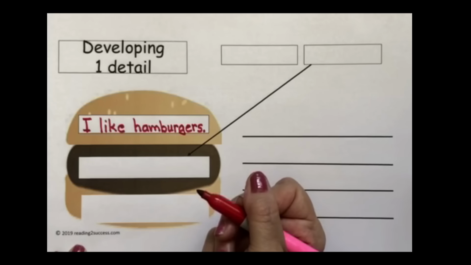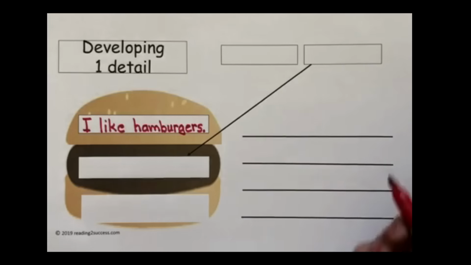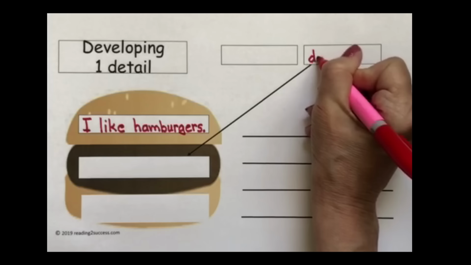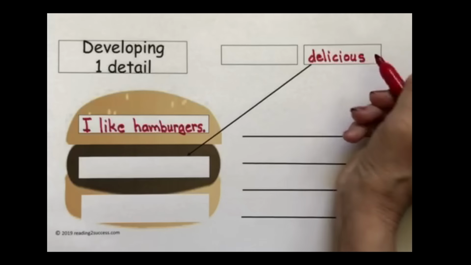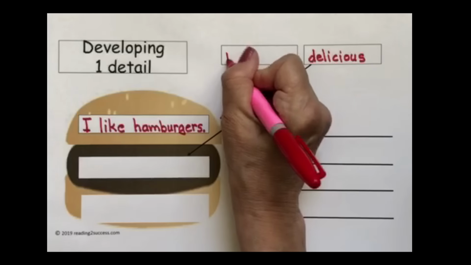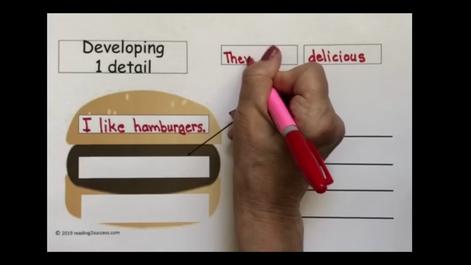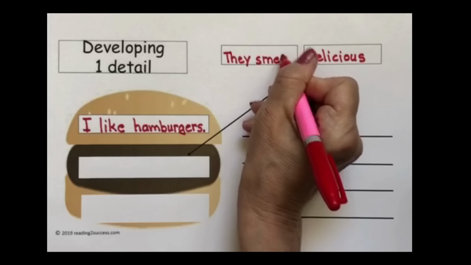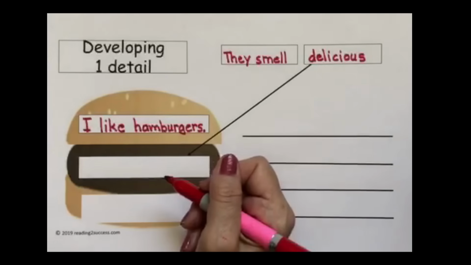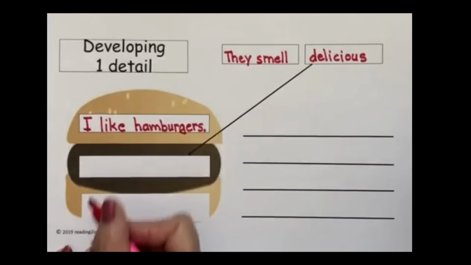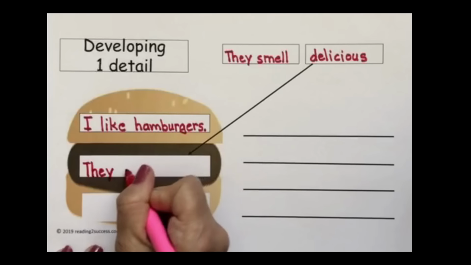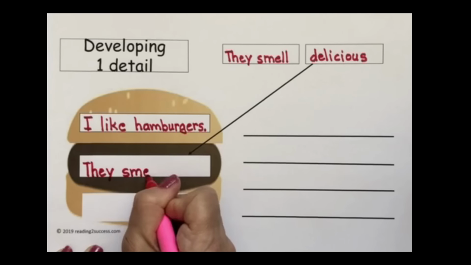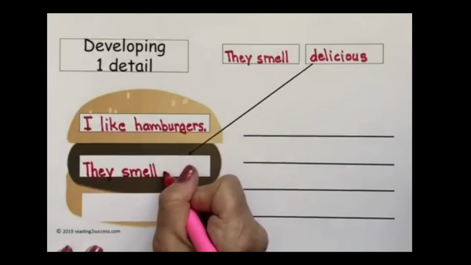Okay, we decided for our detail sentence we were going to begin with delicious. So we're going to write that here. And that represented how the hamburgers smell. So we're going to incorporate delicious in our first sentence so that we are going to say, they smell delicious.